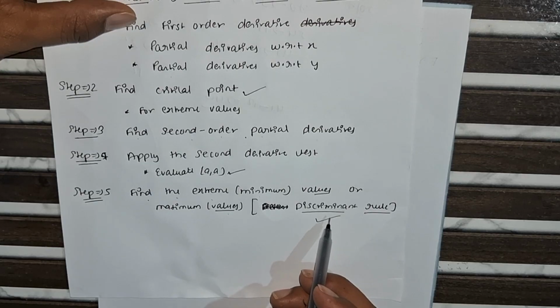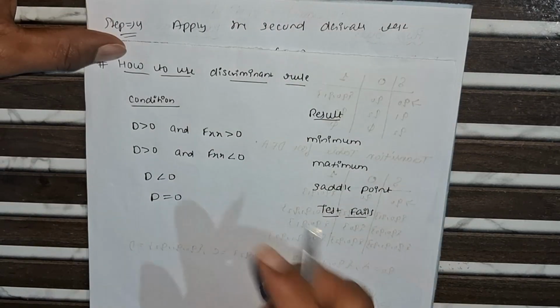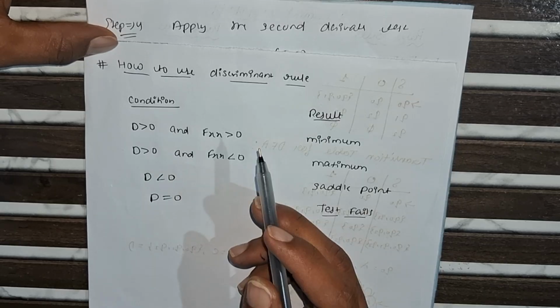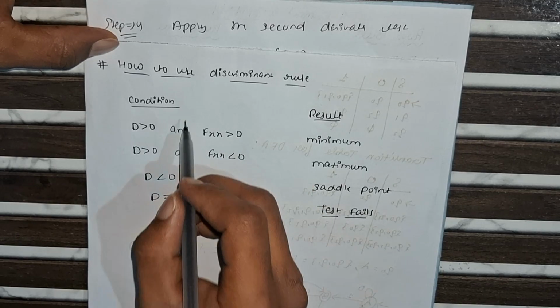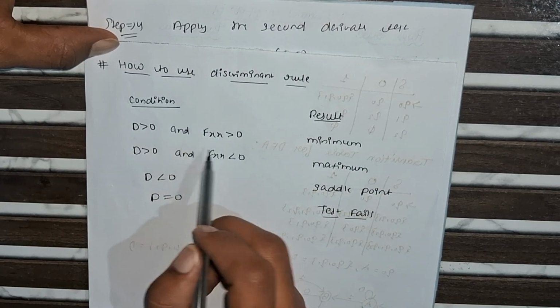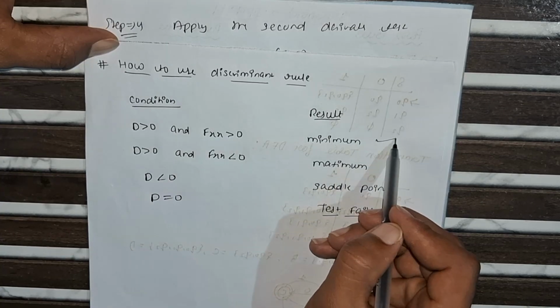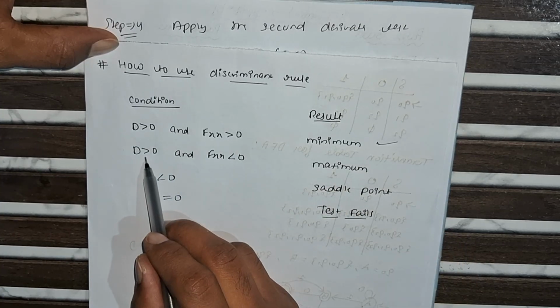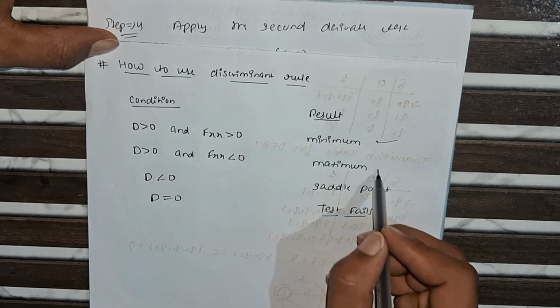So let us understand what is the discriminant rule. Now we will understand how we use the discriminant rule to find the extreme, minimum or maximum value. So this is the condition and this is the result, means if D is greater than 0 and double derivative of x is greater than 0, then it gives the minimum value. Like that if D greater than 0 and double derivative of x is less than 0, it gives the maximum value.